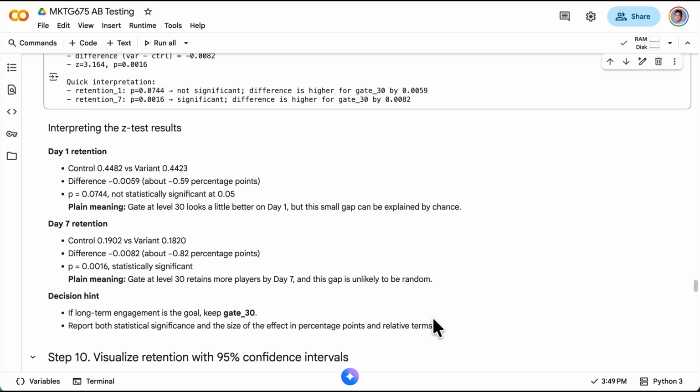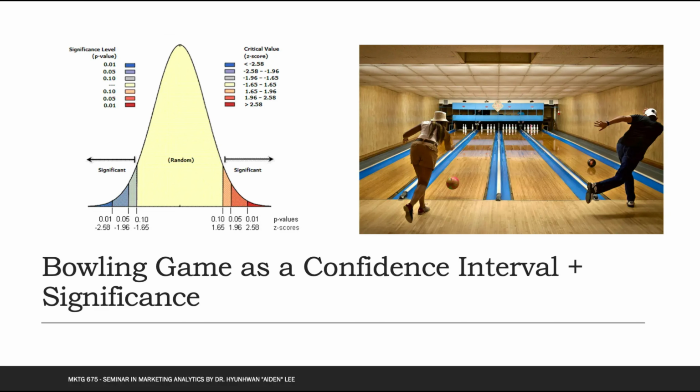The z-value is about 3.164 and the p-value is about 0.0016. This is below 0.05, so the day 7 difference is statistically significant. It is very unlikely to see a gap this large purely by chance if there were no real effect. Remember our sign convention. A negative difference means gate 40 is worse than gate 30. So statistically, gate 30 keeps more players by day 7.